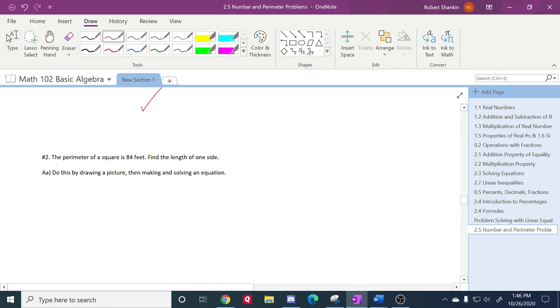Okay, so I'm going to do this one. We saw that if it's a square, we could call them all the same letter. X's or A's and B's, doesn't matter. And then the perimeter is 84, so if I add x 4 times, that's the same as 4x is 84.